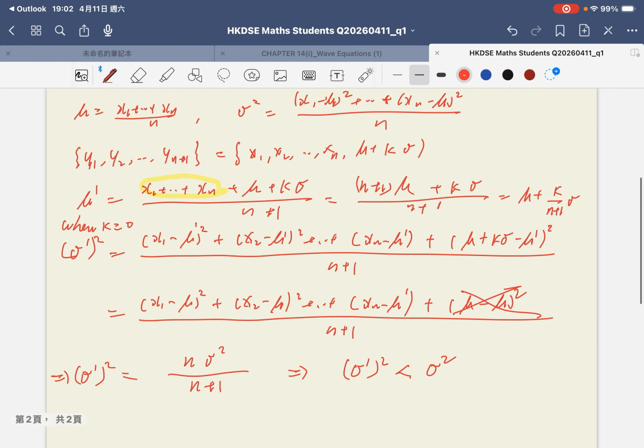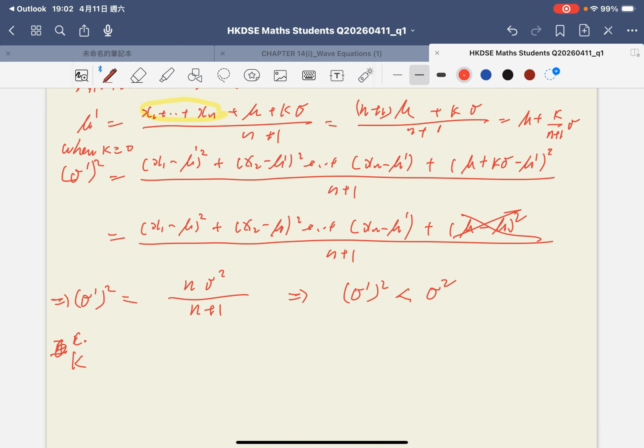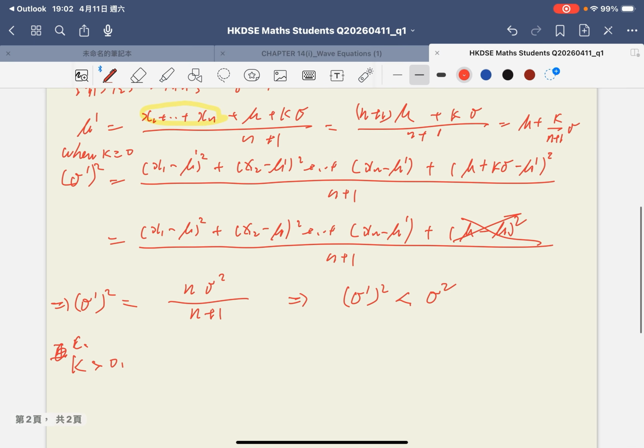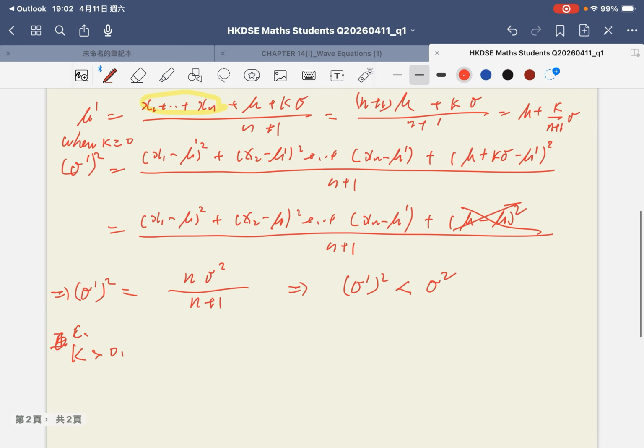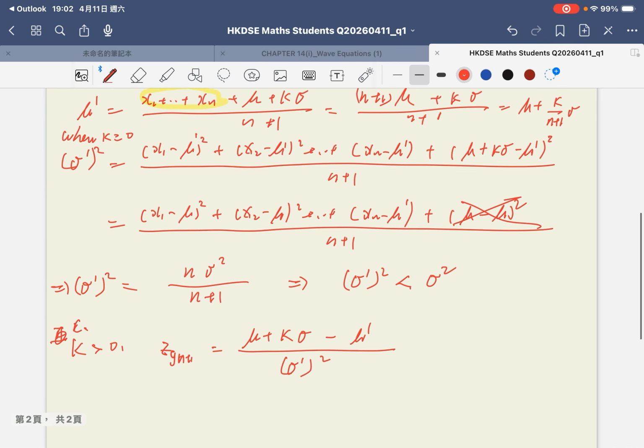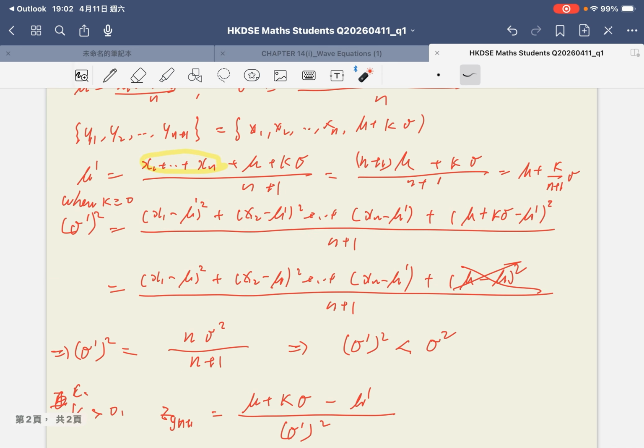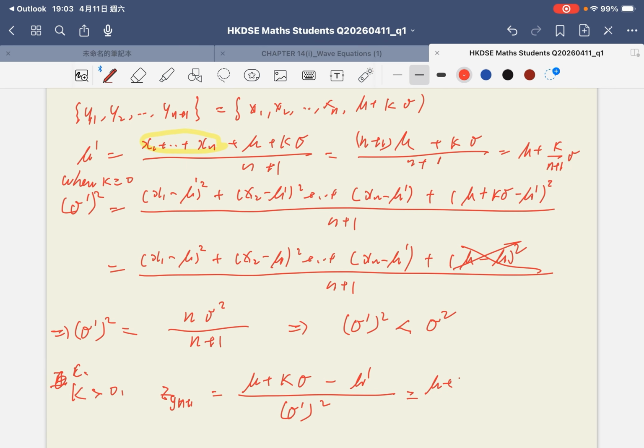If k is greater than 0, then the standard score of yn plus 1 is equal to (mu plus k sigma minus the mean mu pi) over sigma pi. We can see that mu pi is mu plus k over n plus 1 sigma, so it becomes (k minus k over n plus 1) sigma over sigma pi.